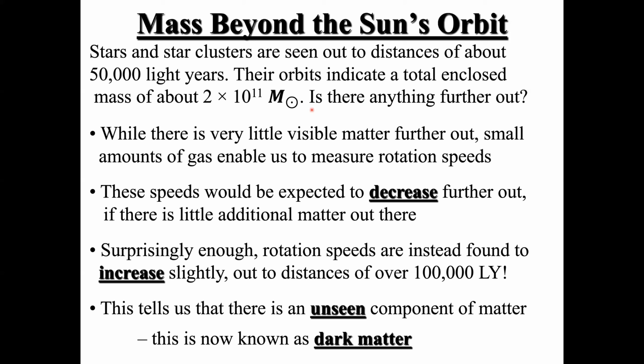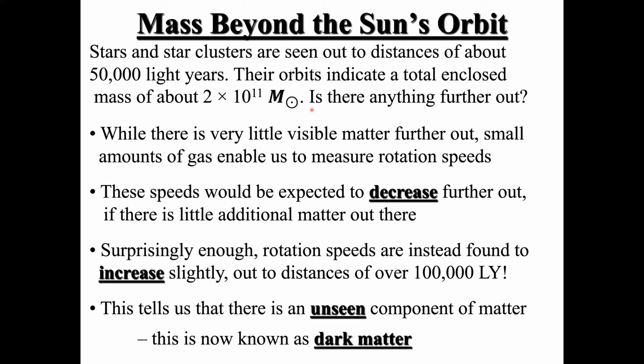And this was one of the very surprising results at that time. This is the point at which astronomers decided that there should be some kind of unseen component of matter that we do not know about. And this matter was named dark matter, right?